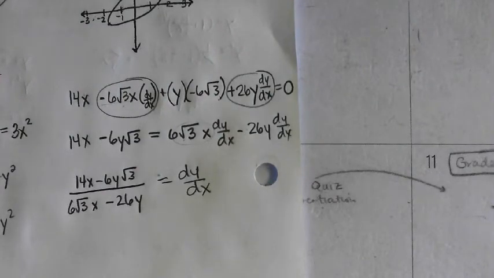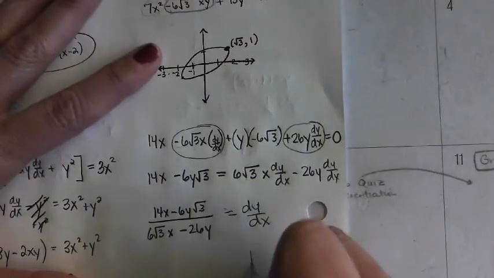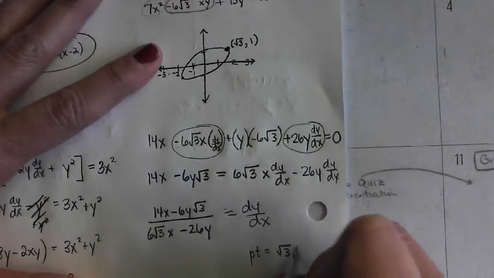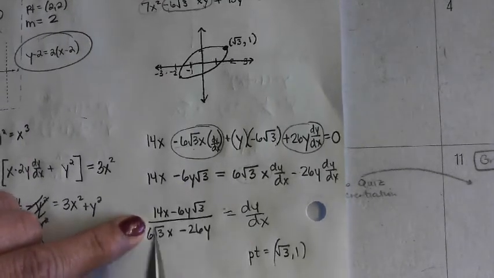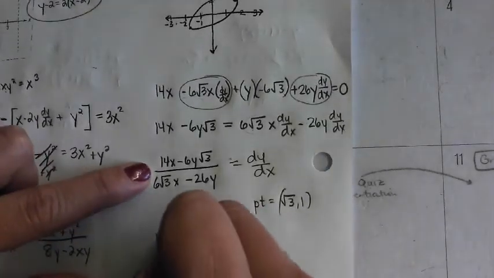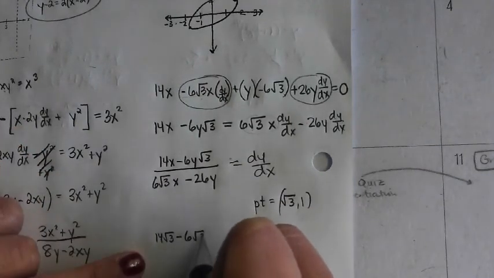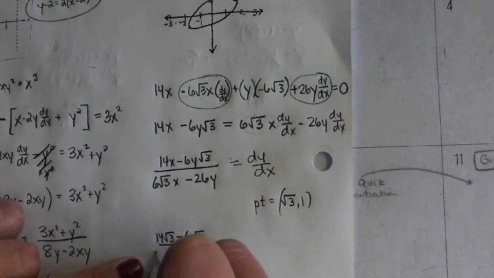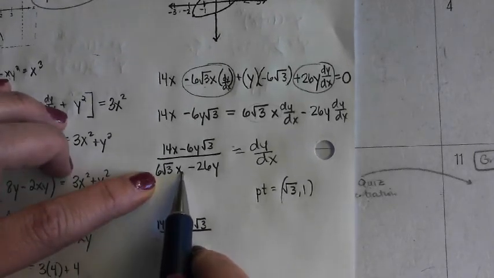So the point we're supposed to be using is root 3, 1. The slope we're supposed to be using, we just have to plug in a root 3 for x and a 1 for y, which is nice. What's 6 root 3 times root 3? 18.